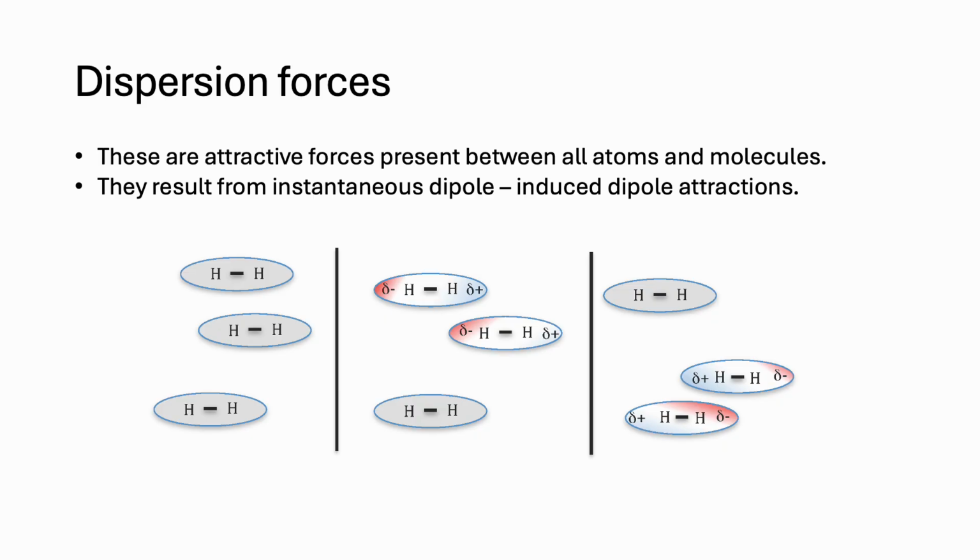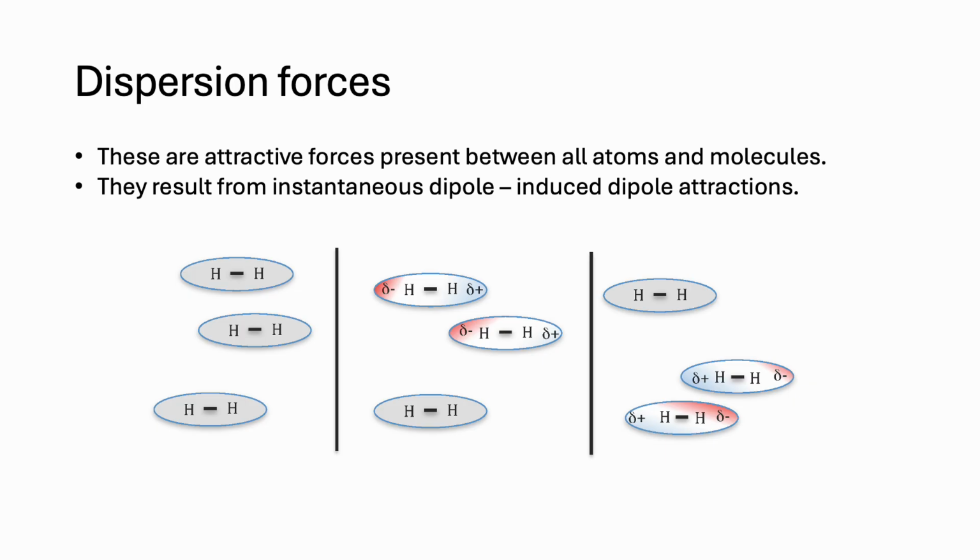But what holds together the molecules of a non-polar substance where no permanent dipole exists? A more sophisticated model of the electrons in a molecule visualizes them not as points of negative charge, but as a cloud of charge.